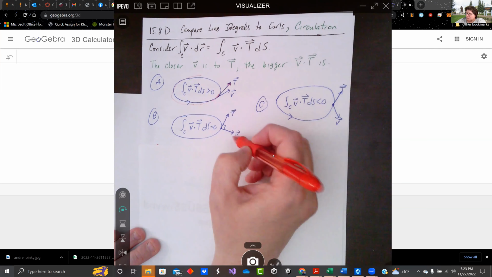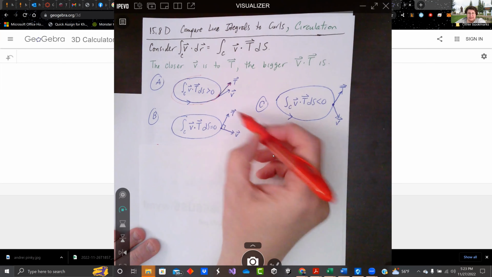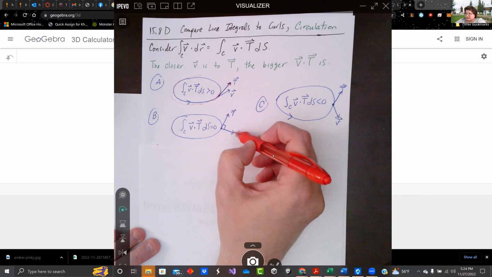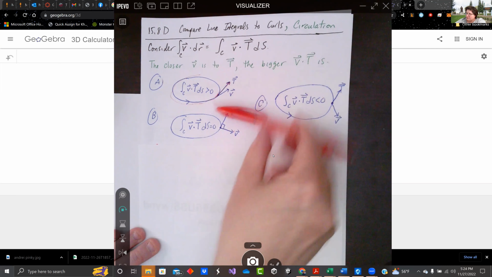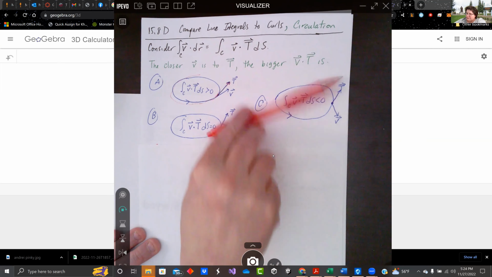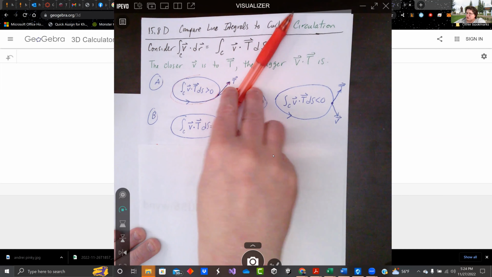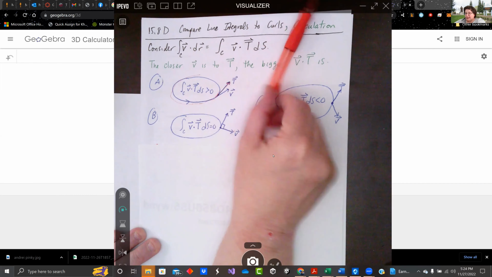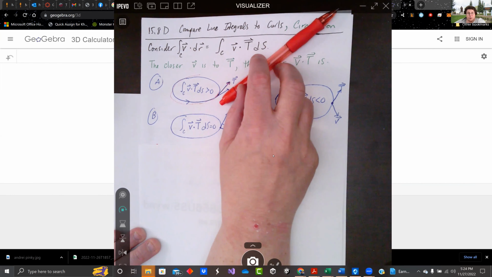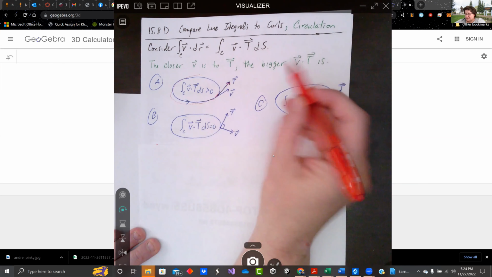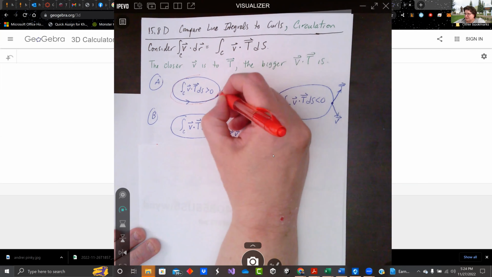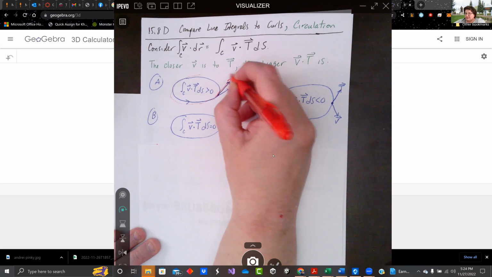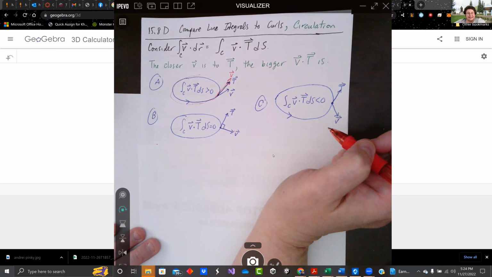So when V is perpendicular or orthogonal to T, the dot product is 0. The closer this vector comes to aligning with T, the closer we get to the biggest value it can be, which is when V is directly pointed in the same direction as T. So if V and T were the same vector, that's where it's going to get the biggest.